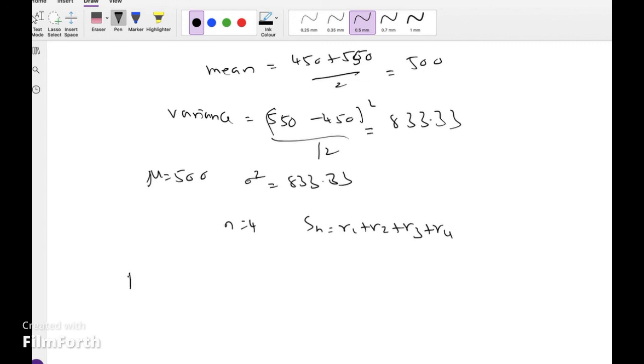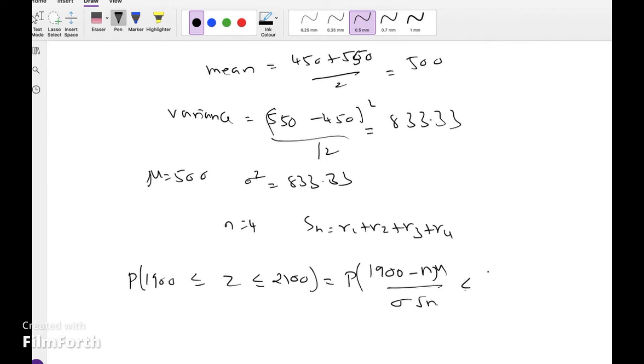So probability of 1900 less than or equal to Sn less than or equal to 2100 is equal to probability of (1900 minus n mu) by (sigma into square root of n) less than or equal to Z less than or equal to (2100 minus n mu) by (sigma square root of n).